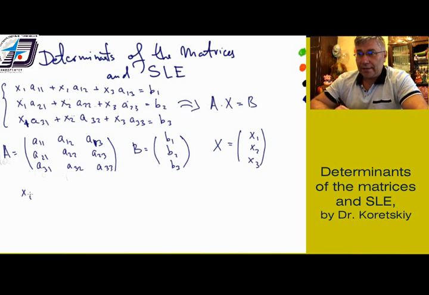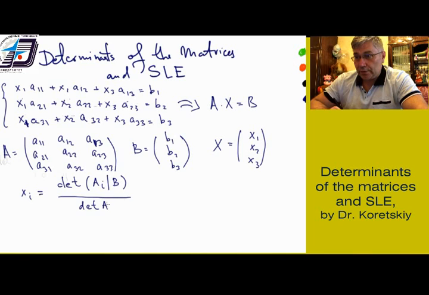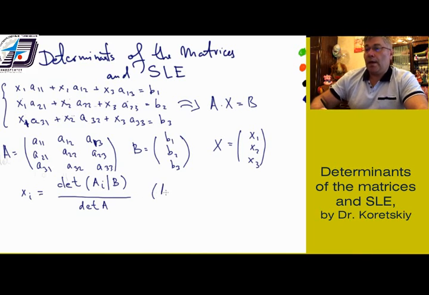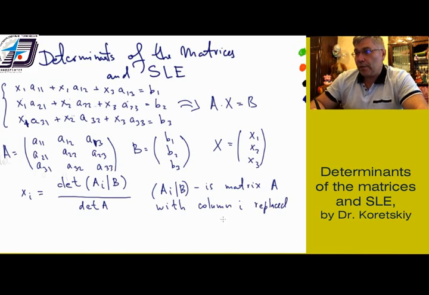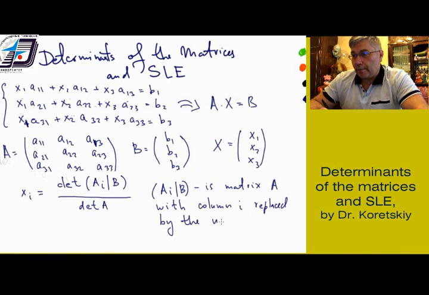If you want to define xi, you have to calculate the determinant of the matrix A_i, denote it like this, over determinant A. Matrix A_i is matrix A with column i replaced by the matrix b.